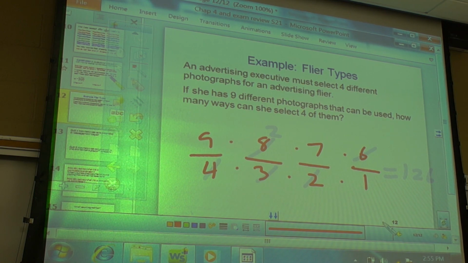You will get half credit if you write 9C4 equals 126. I want to know what you multiplied. Is everybody clear on that? Let me say it one more time. If you just write 9C4 equals 126, you will get half credit because you haven't shown me your work on this one. Especially on chapter 4.4, I need to know exactly what you multiplied and divided.